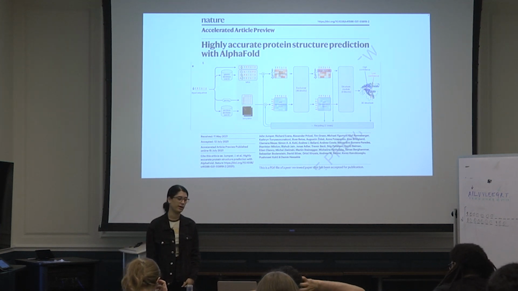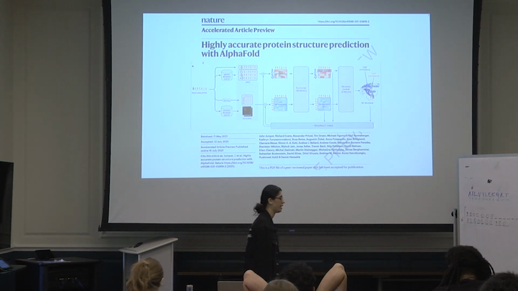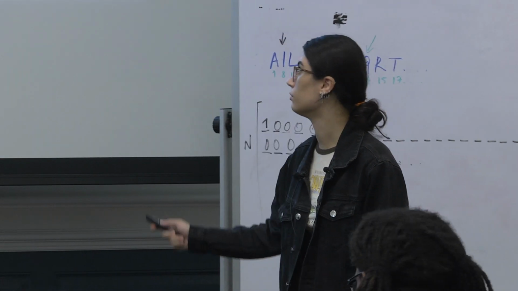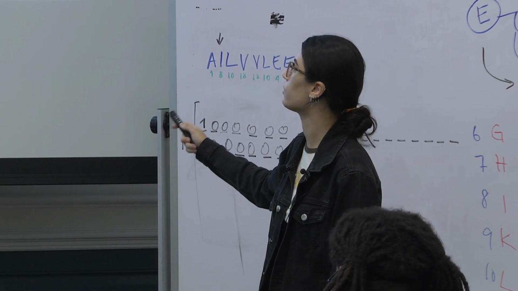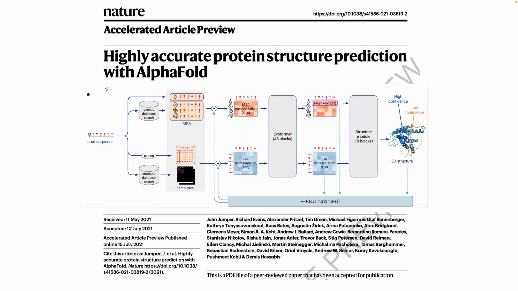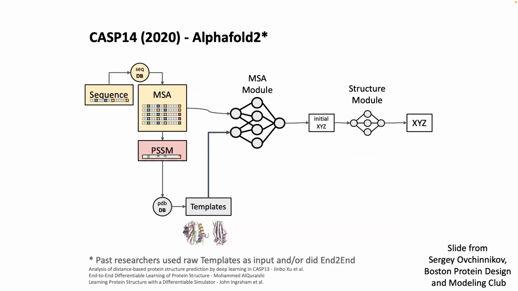Now we're ready to talk about the overall architecture and how exactly AlphaFold is able to reach very high accuracy in protein structure prediction. We're going to go through the different components, try to put it together, and understand what's really happening in the two main modules of AlphaFold.